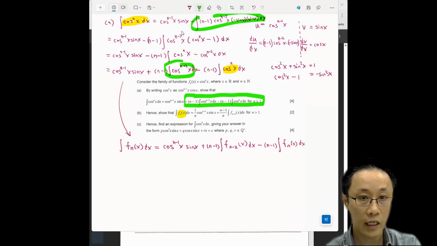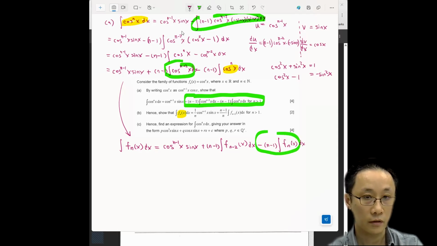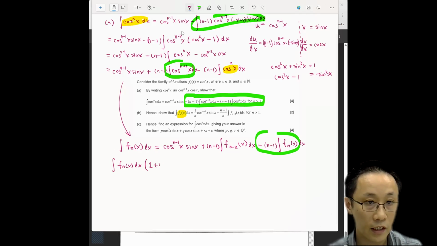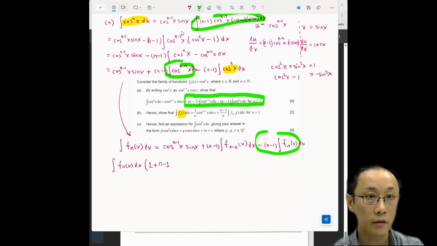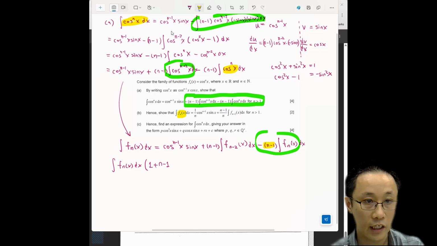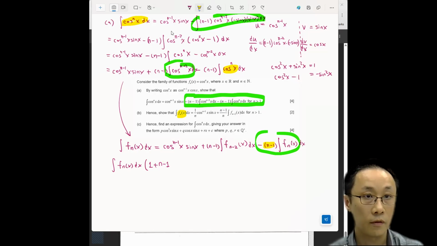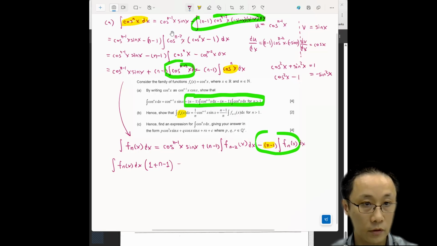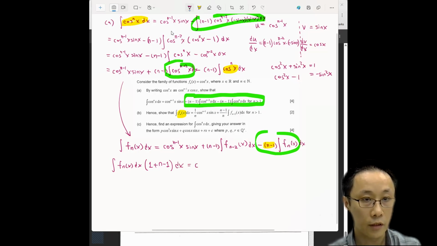And you can now move this term to the left hand side. So we have f n x, and I'll factorize it out as well, because I have a 1 from the original left hand side, plus n minus 1, which is this n minus 1, equals to everything else unchanged at this point, I believe.